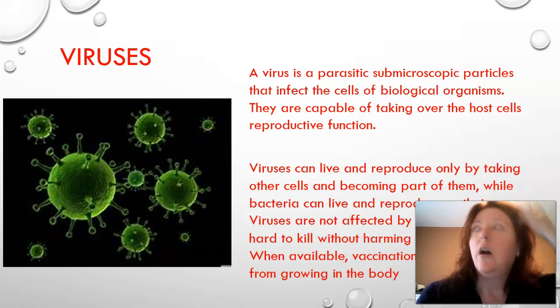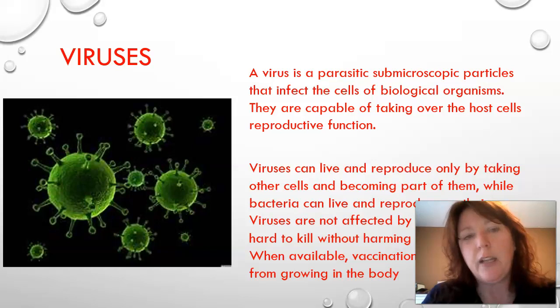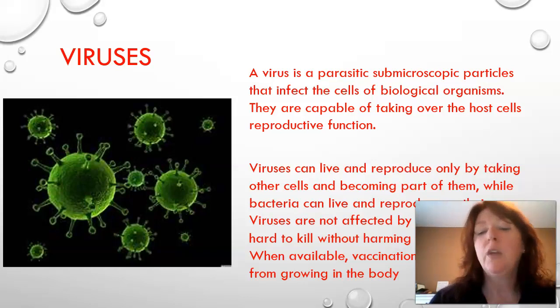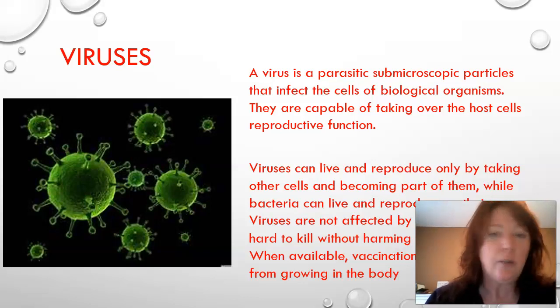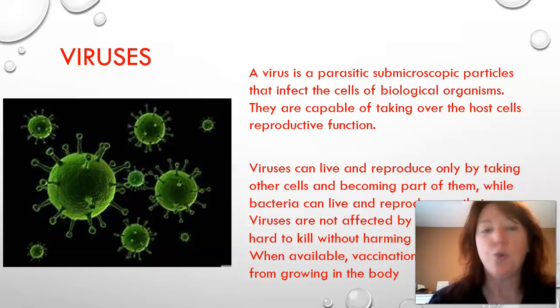So on that note, that's where they're coming from when they're talking about getting the vaccine for coronavirus, hoping to prevent other people from getting it. That's basically the way that they're hoping to get everything under control.